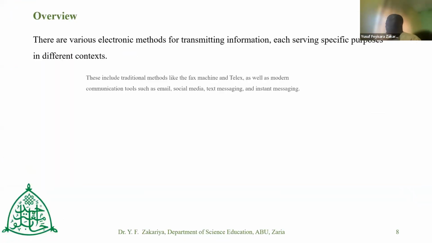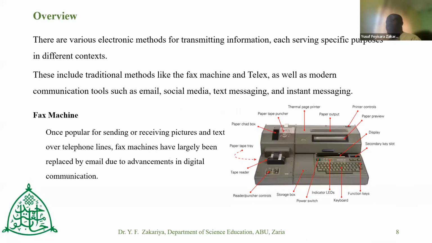We started with the olden days methods through which people transmitted information, like the fax machine. We described this in our last class, but unfortunately you could not see this picture. It is better now that you are using the internet to follow this class.